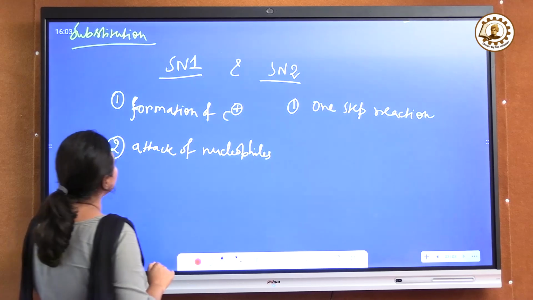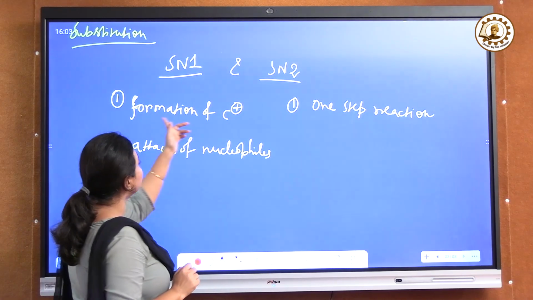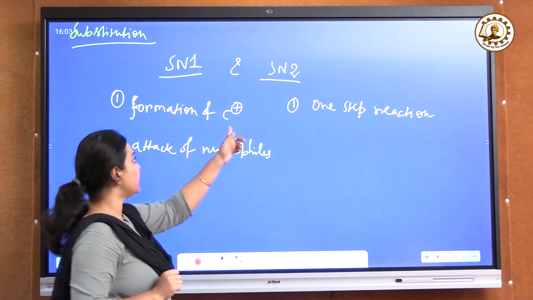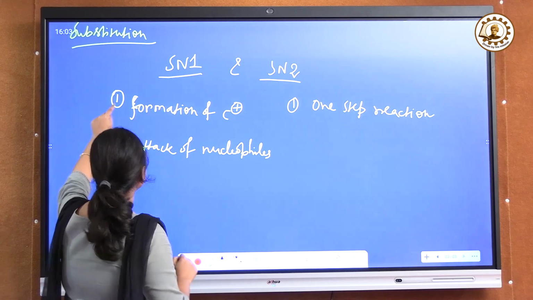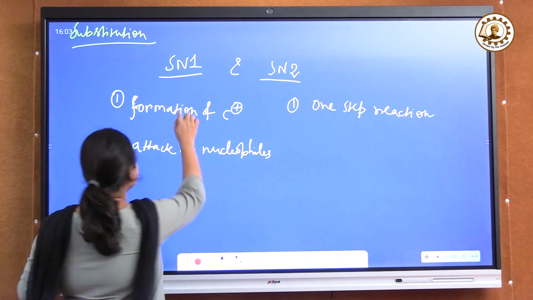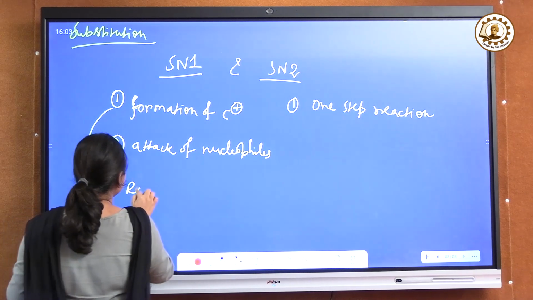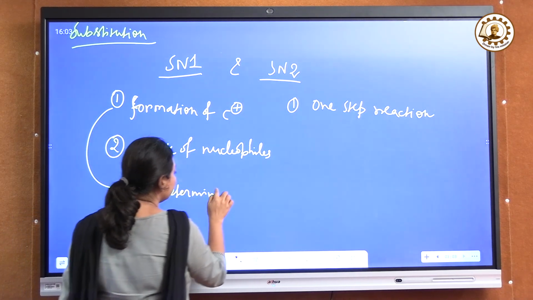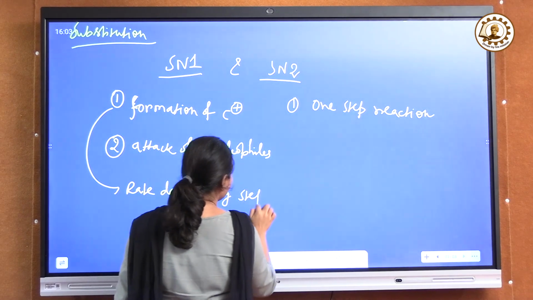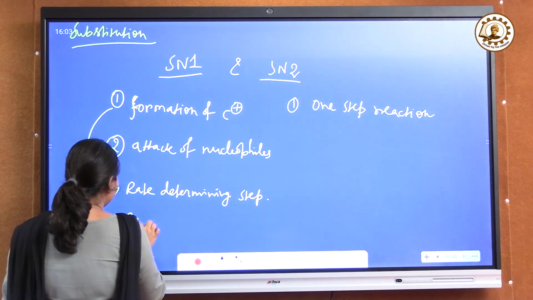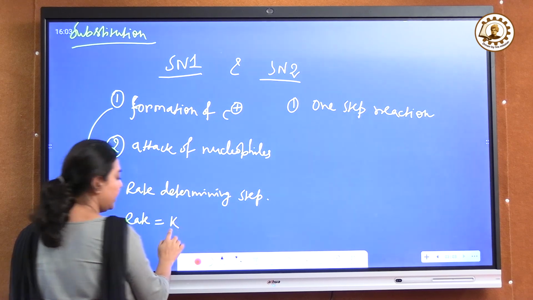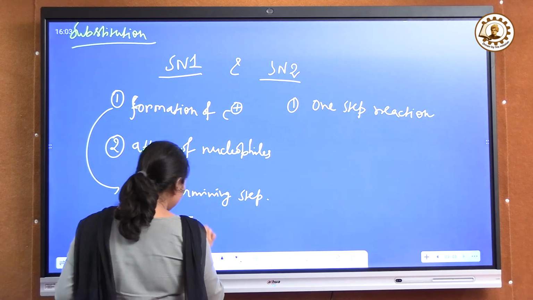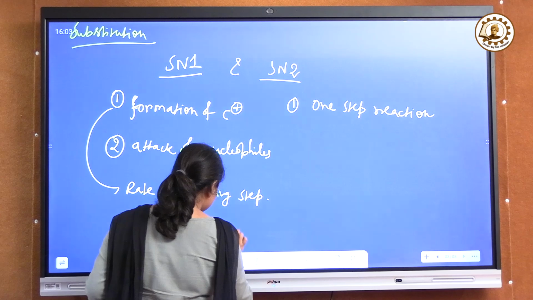Now, in case of SN1, the first step is the formation of carbocation, and this is the most important step, the rate determining step. So rate in case of SN1 is K, the rate constant, into the concentration of the substrate.